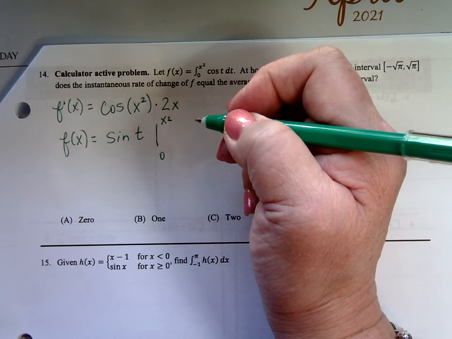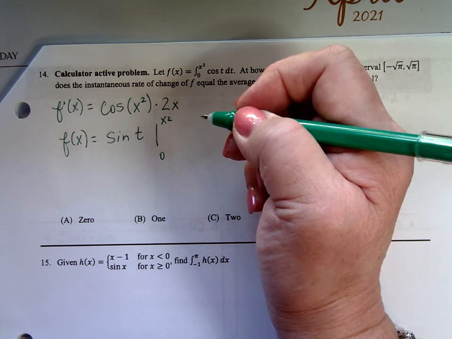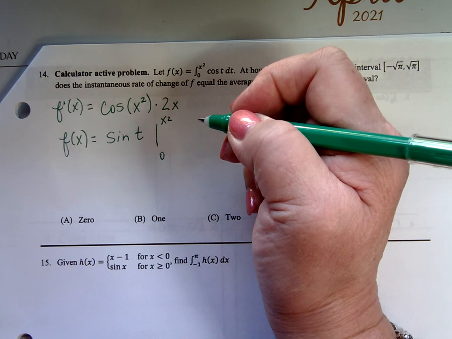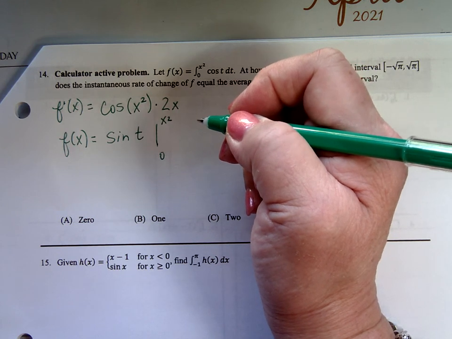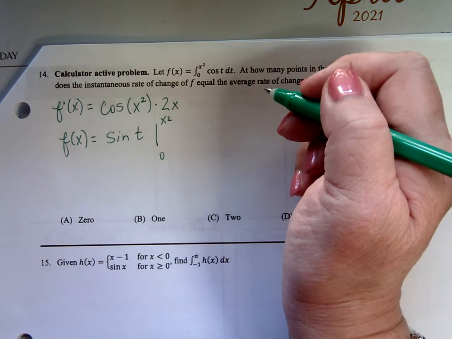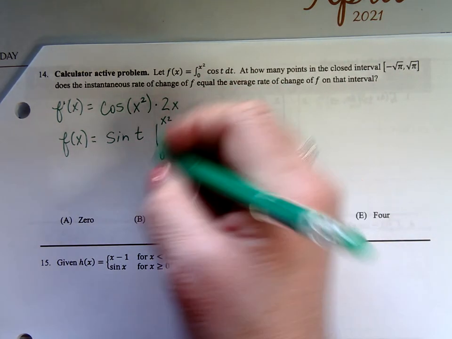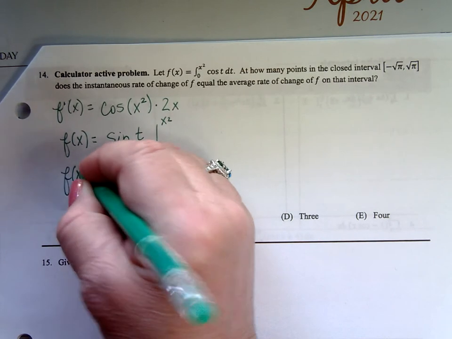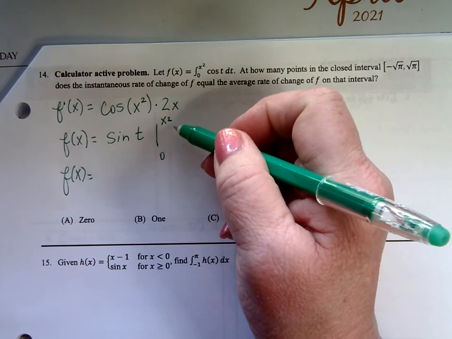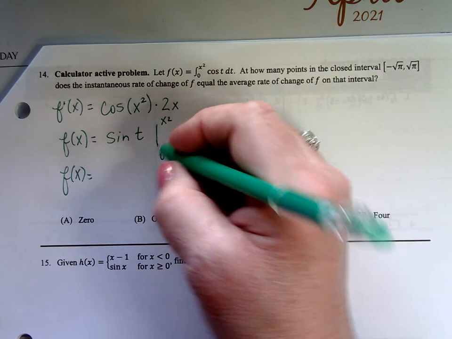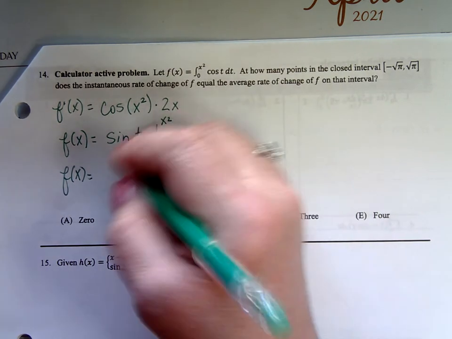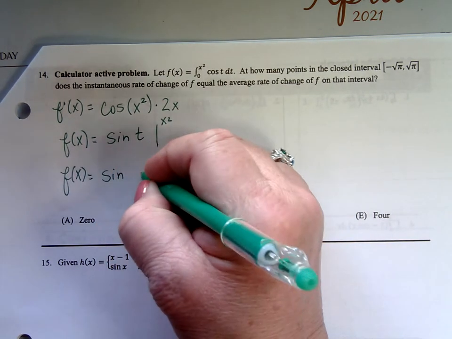Actually, I don't even know that I need to go through all this. Anyway, this would then become my function, and I guess this would be a way to check it. The sine of x squared, remember f of b minus f of a? So this would look like the sine of x squared minus the sine of 0.